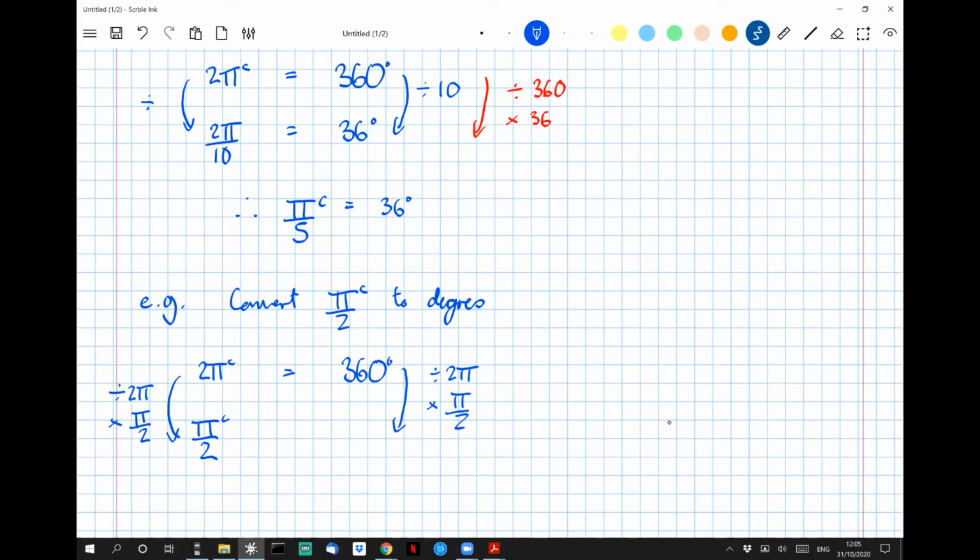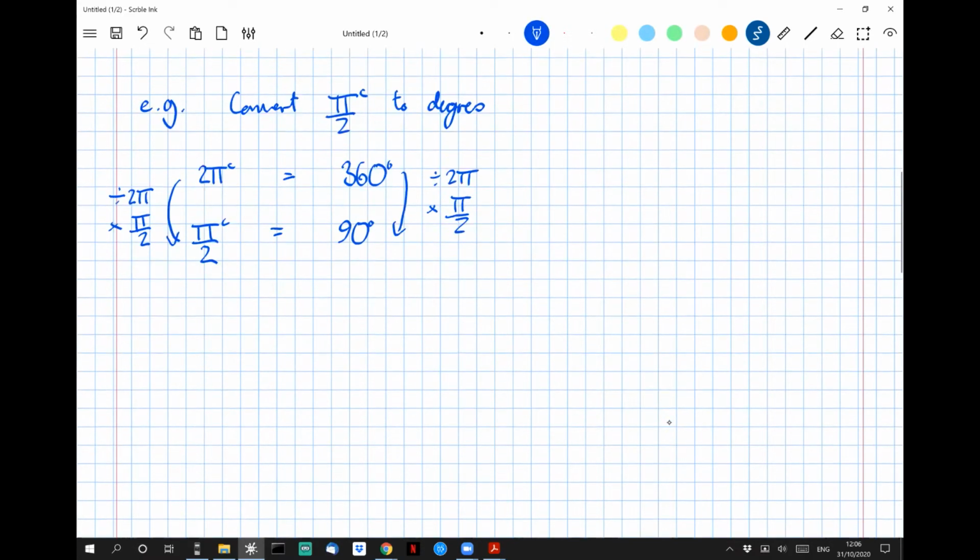Gives 90 degrees. And really, that was more of a role play there, because actually you should know, and we all should know, that pi over 2 is 90 degrees. That's just a key angle that you should remember, much like pi over 4 is 45 degrees. But just illustrating really how these conversions work.